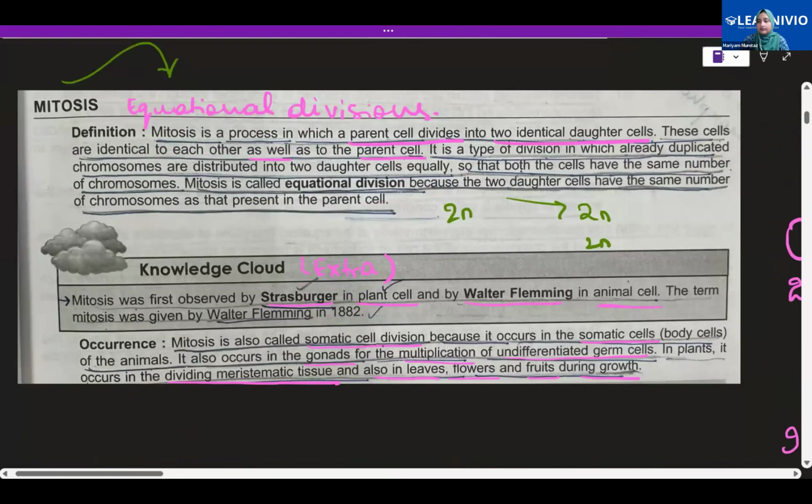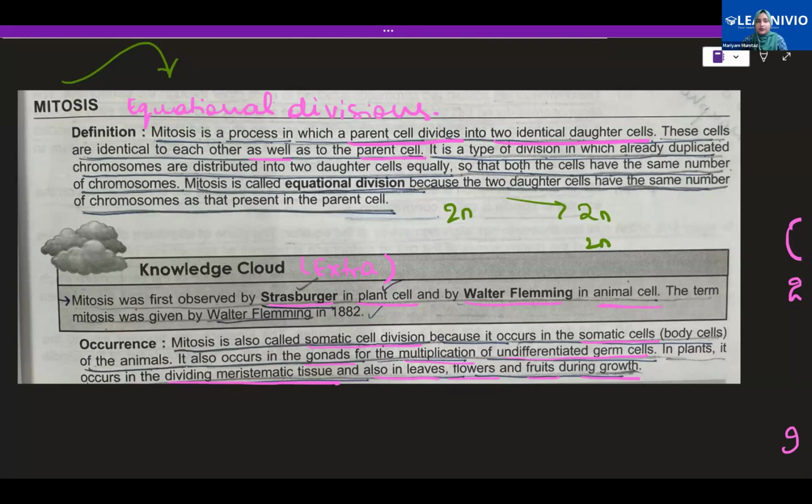So now talking about the actual mitosis. The other name by which we know mitosis is equational division. Here the parent cell is going to divide into two daughter cells. Both daughter cells are going to be identical to each other as well as identical to the parent. Now, when do we need mitosis to take place in our body?